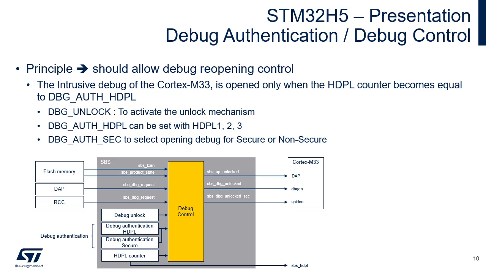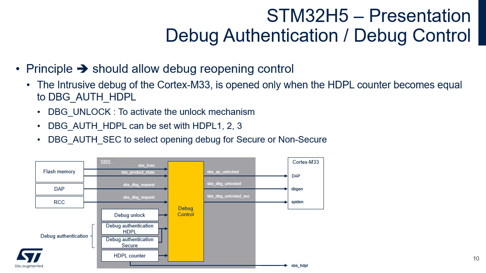The following inputs control the debug opening: SBS DBG-REC, input signal that a host requests to launch the debug authentication protocol. SBS TZEN informs on the selected platform configuration related to TrustZone activation. SBS product state provides the current product state. SBS DBG reset, reset information coming from the RCC and DAP.